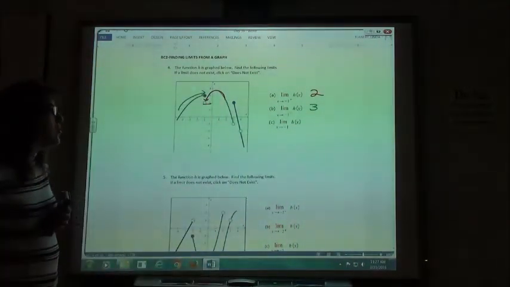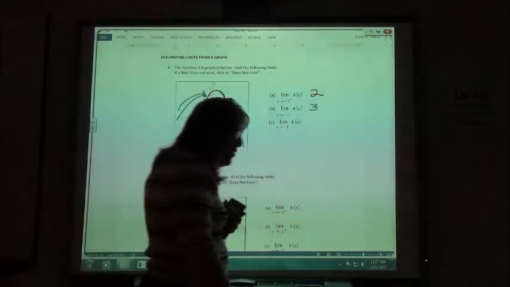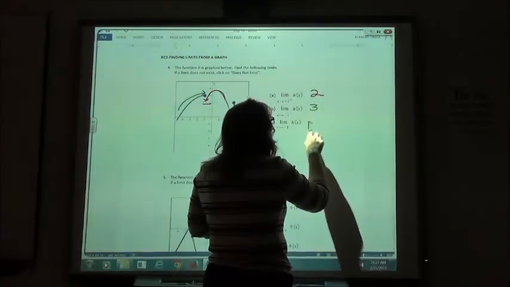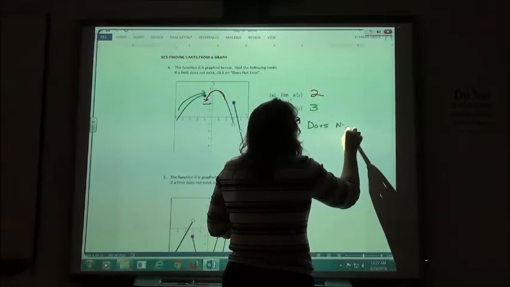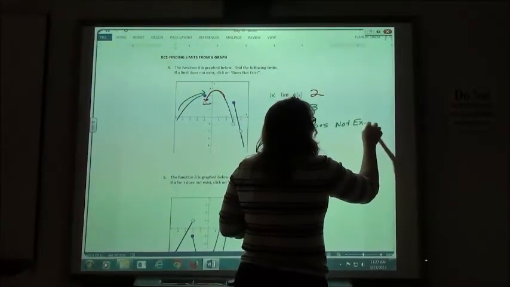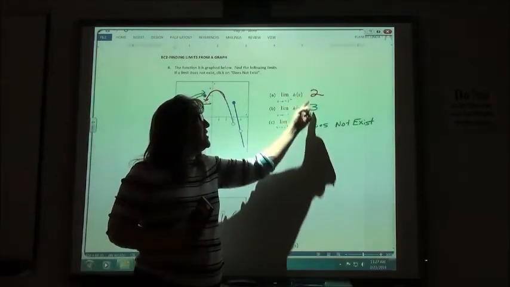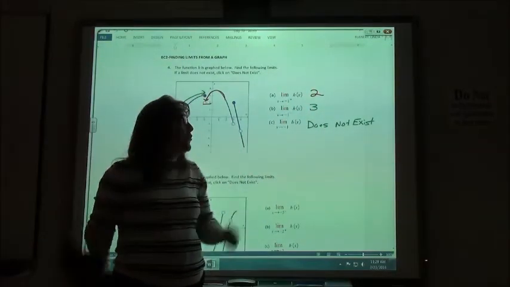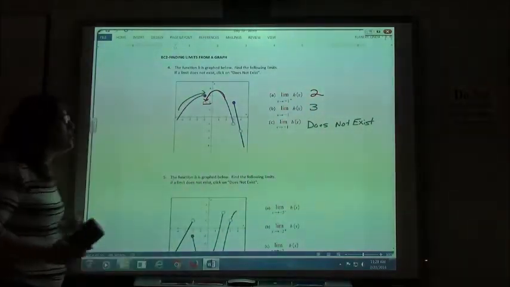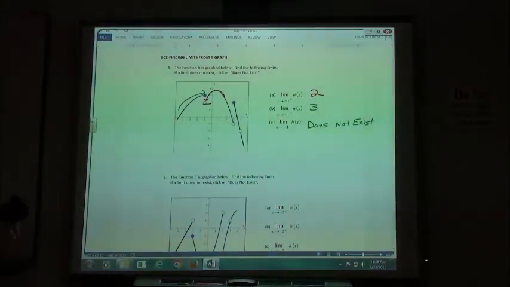Since those two numbers are not the same number, we're going to say that our limit does not exist. So the only way a limit exists is if it approaches the same number as you come from both directions. Otherwise, your limit does not exist.